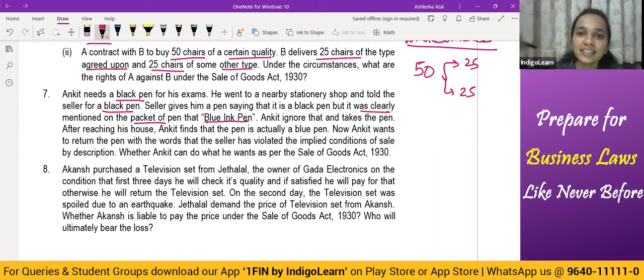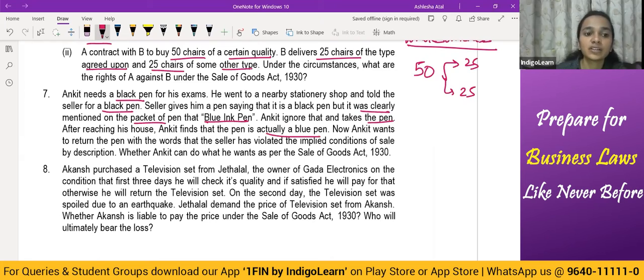Ankit ignores that and takes the pen. He does not look at the packet which clearly states blue ink pen.